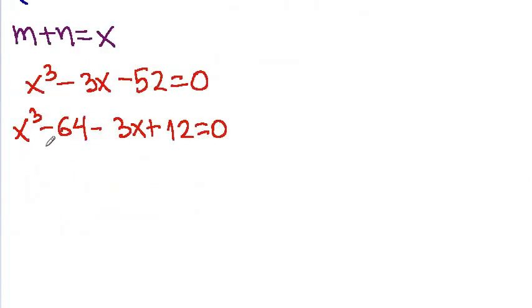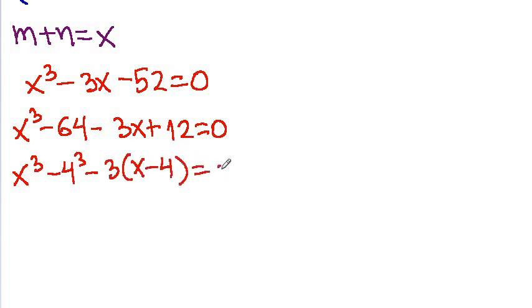Now we see that here 64 is 4 cubed, right? Minus, if you factor out 3, then you'll get x minus 4 is equal to 0, right?